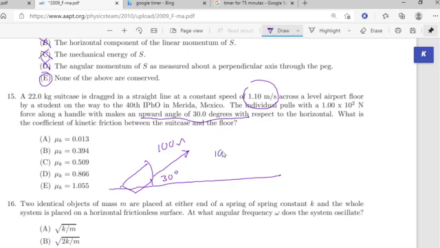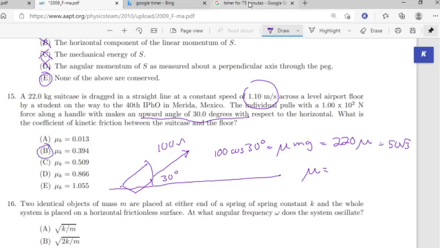So then we have 100 cosine 30 degrees is equal to the friction, which is just equal to mu mg, which is just equal to 220 mu. 100 cosine 30 is just equal to 50 root 3, so therefore mu is 50 root 3 over 220. Okay, 50 times root 3 divided by 220 is about 0.394.